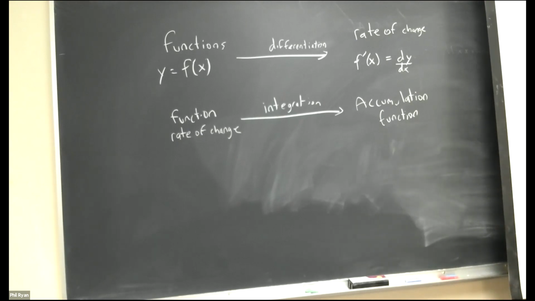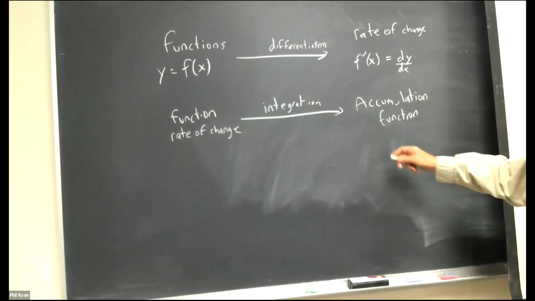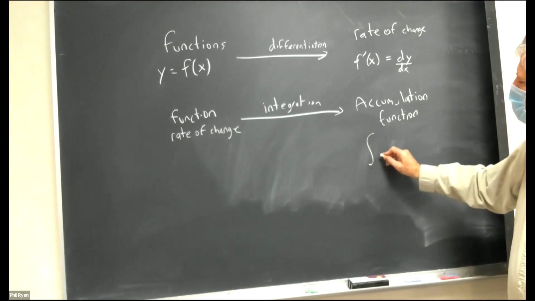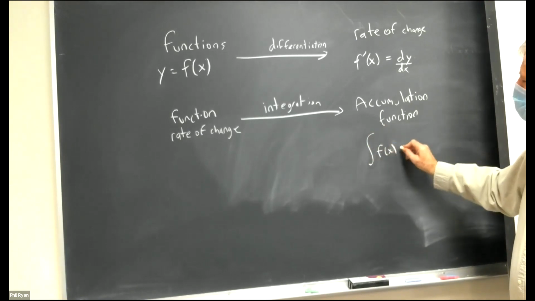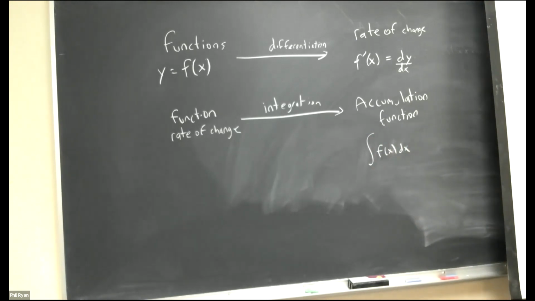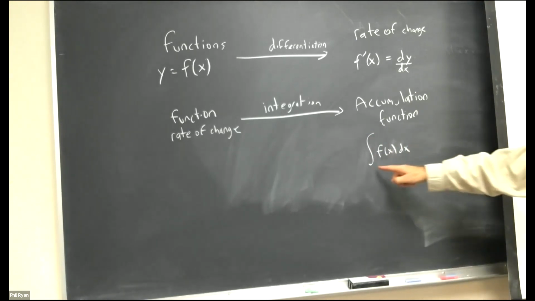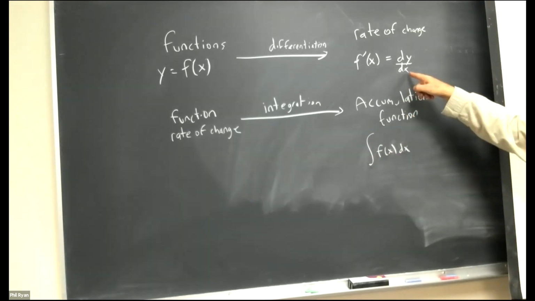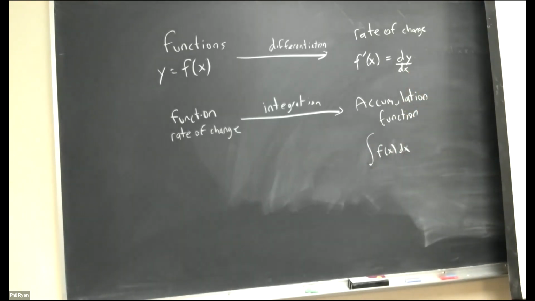So accumulation function is a good way to describe it. Later on, we're going to have a notation for it. We're going to write it like this. This is a really elongated S. And here we've got the dx, the same dx that we get here.